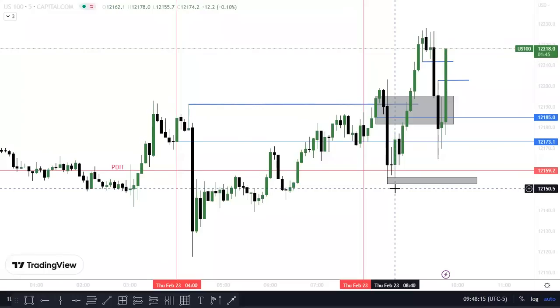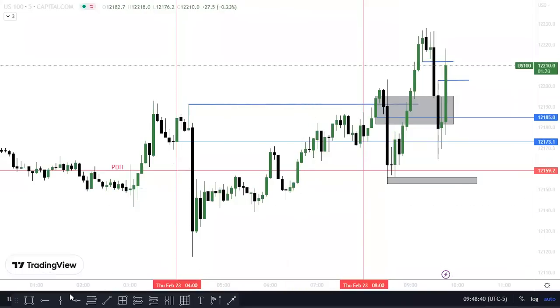Oh, this is really doing one of them things today. 10 o'clock becomes the line in the sand when price action is like this. Would I short this? Yeah, I would. 10 o'clock now becomes a line in the sand. At 10 o'clock, let's put a line for 10 o'clock.